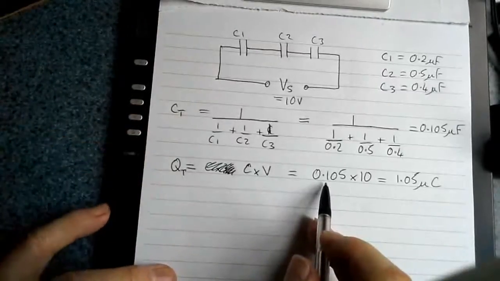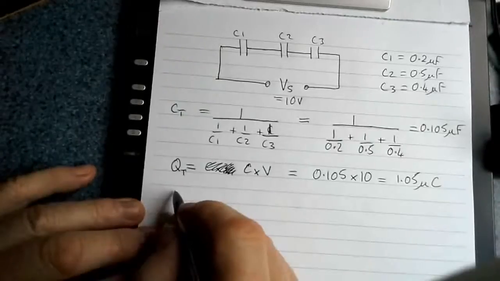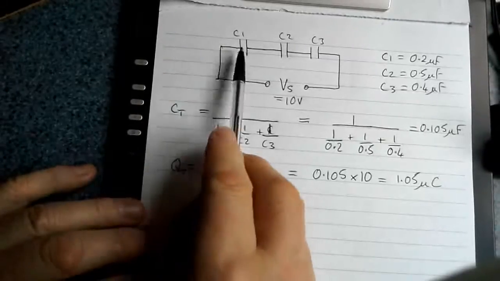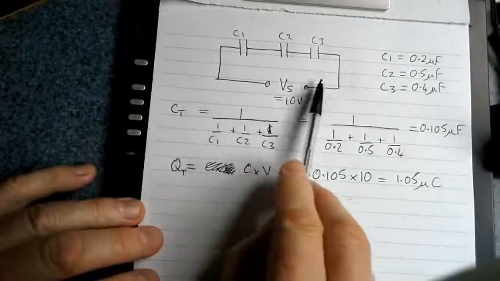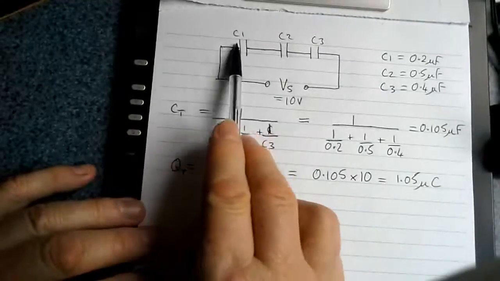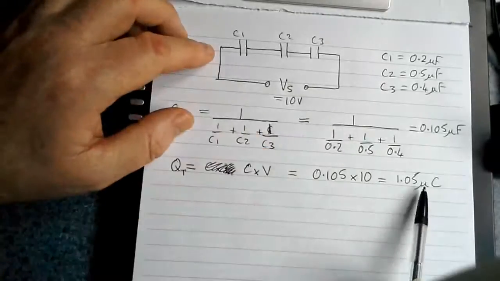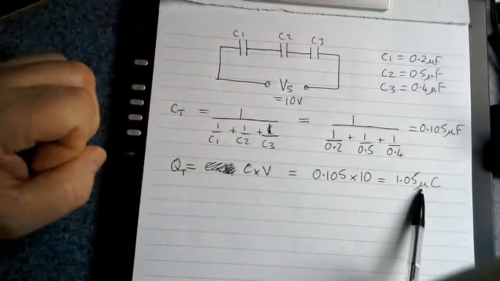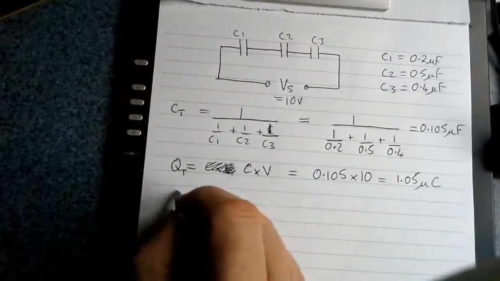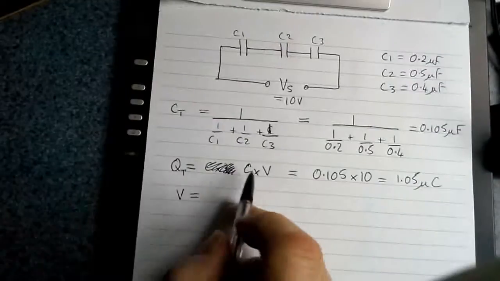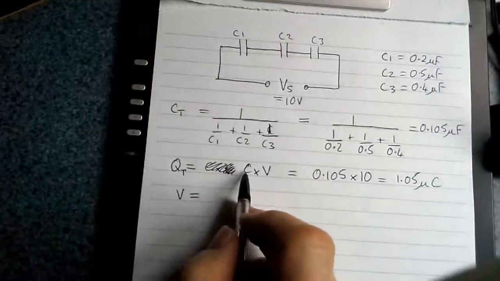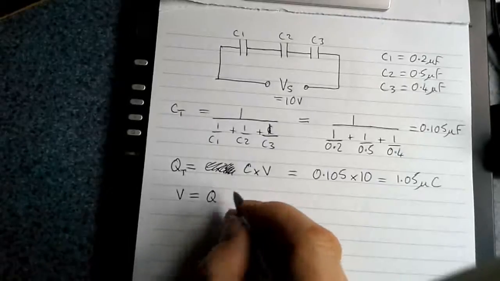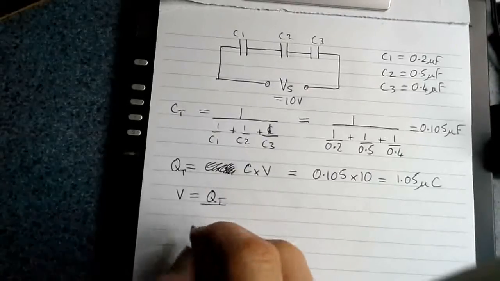Now we're going to look at the voltage across each capacitor. The interesting thing in a series circuit is that each capacitor has the same charge on it as the total circuit charge. So C1 has a charge of 1.05 microcoulombs, so does C2, and so does C3. If I rearrange the equation, if Q equals C times V, divide both sides by C, C cancels on this side leaving me with V equal to Q, QT, divided by the capacitance.